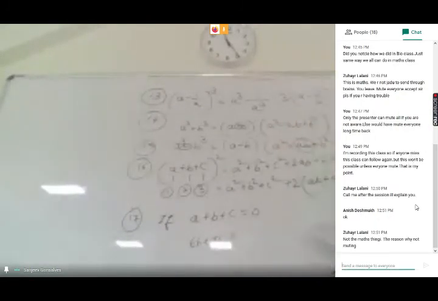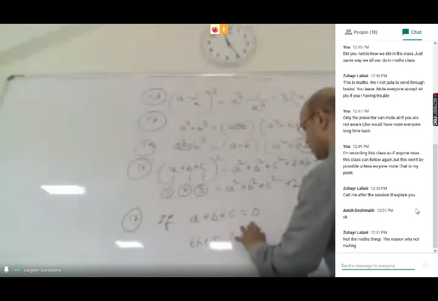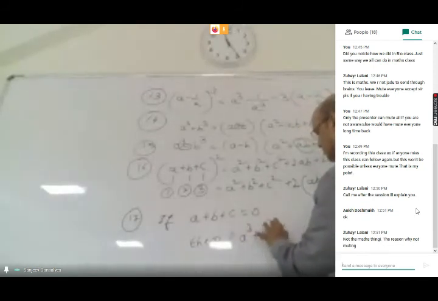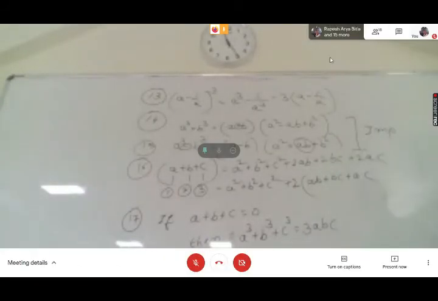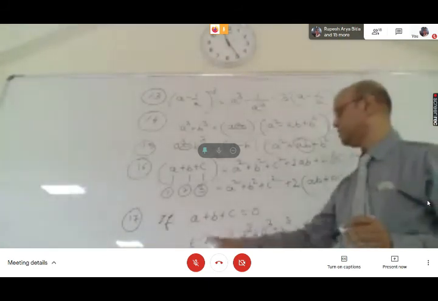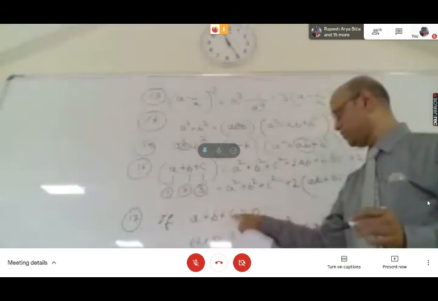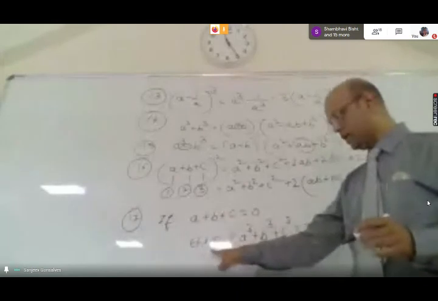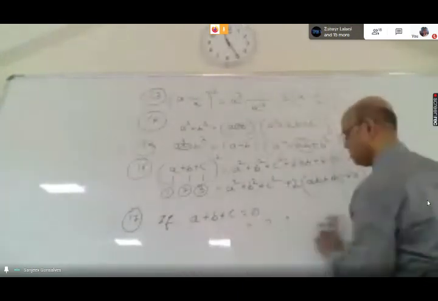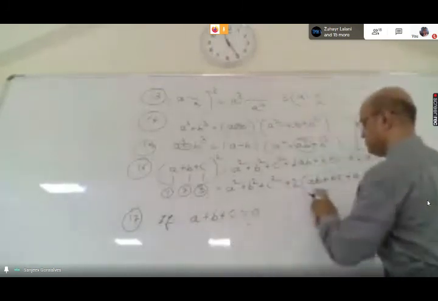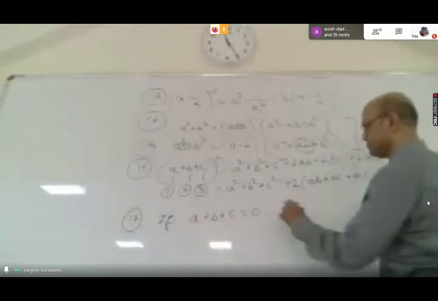If A plus B plus C is equal to 0, then what are we now solving?